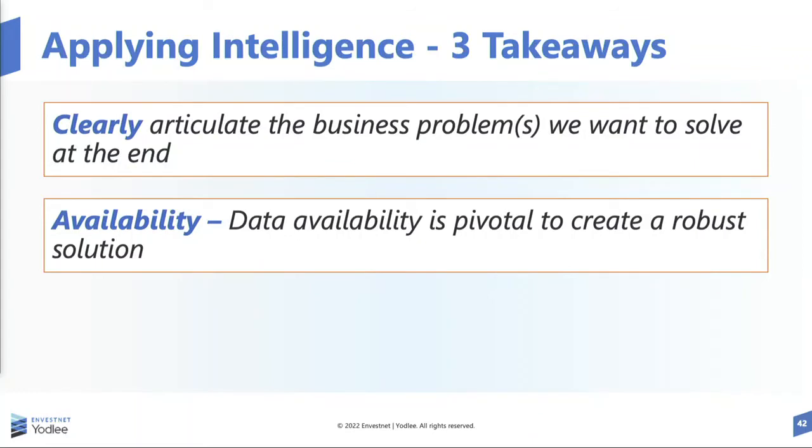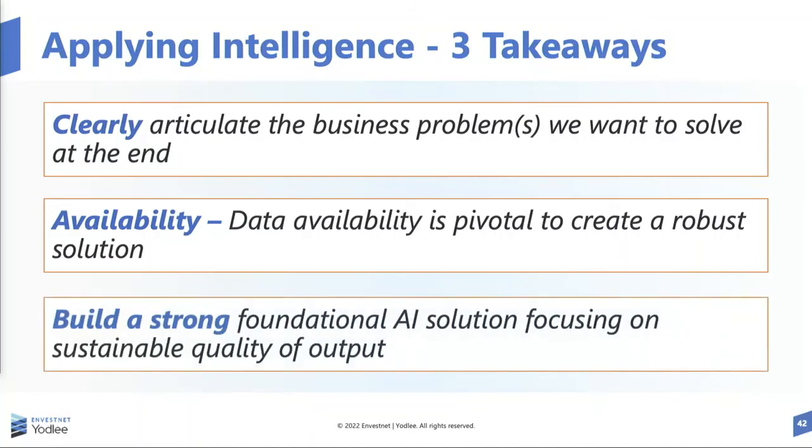You can see through the talk why that was important. And the last, very important one, is that you do not take shortcuts. Our problem could have been solved using keywords, which gives you instant gratification, but it becomes very brittle after a long time. So foundational AI, focusing on quality, is very important.